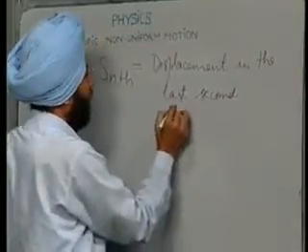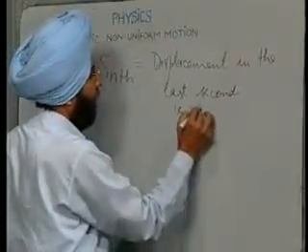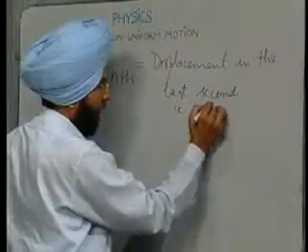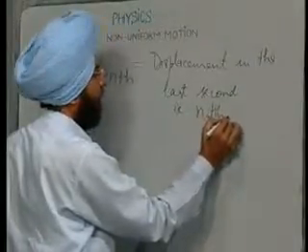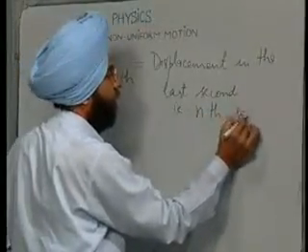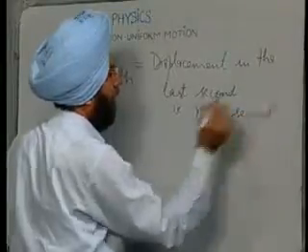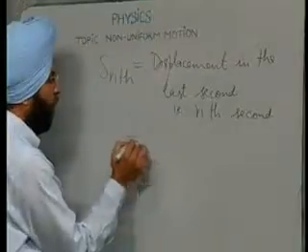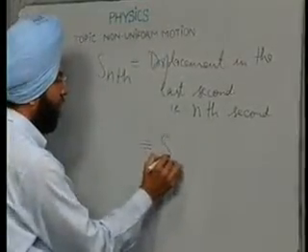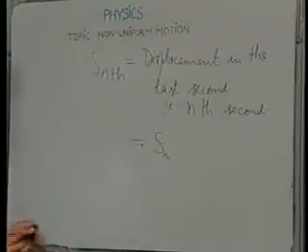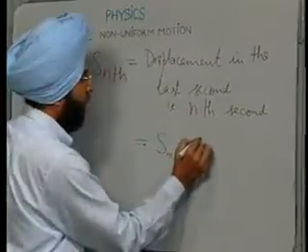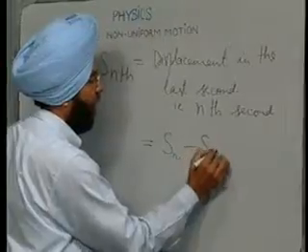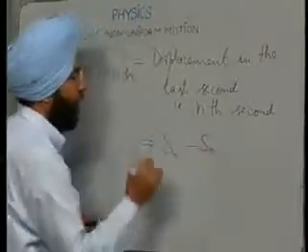That is, if we were moving for n seconds, this is the distance or displacement in the nth second. If we have moved for n seconds, the total displacement is S n, out of which we subtract the distance travelled in the n minus 1 seconds.